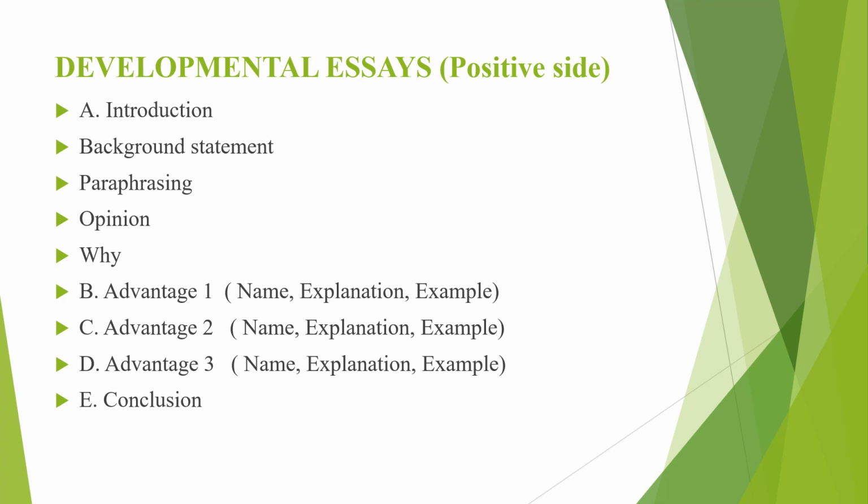For the fourth paragraph, advantage 3, you can name, explain, and mention an example. For this particular type of essay, you can write advantages second and third in one paragraph, but it is more appreciated if you write in separate paragraphs instead of combining these two advantages in a single paragraph. And the last paragraph is related to the conclusion.